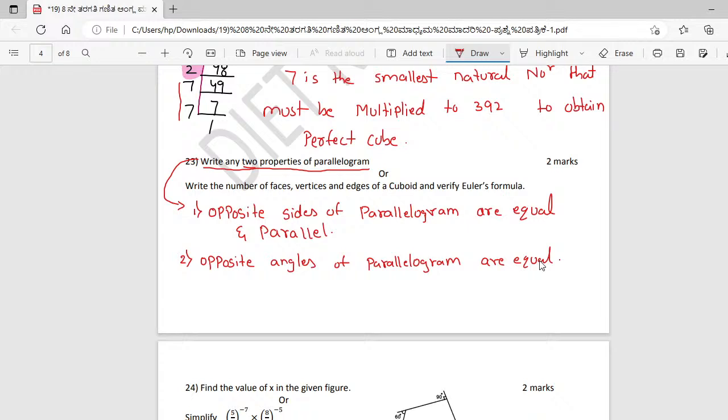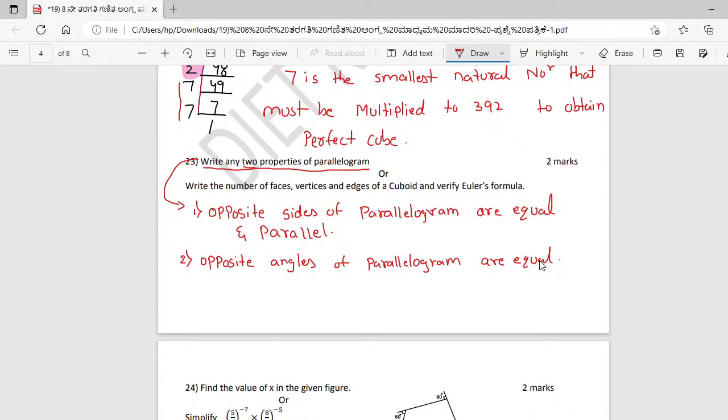If you are remembering any other property, you can include that. The diagonals of a parallelogram bisect each other. That property can also be included, but I already gave you two properties, and those are the simplest and easiest to remember. That was the third descriptive question, the first option.